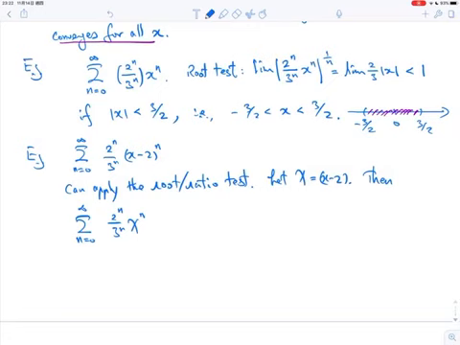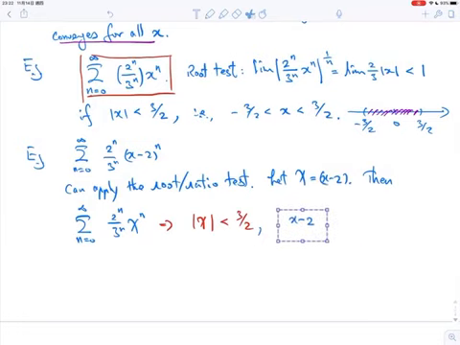So if you compare this with the earlier example that we just considered, this would imply the modulus of capital X is less than 3/2 for this series to converge. So when it translates back to little x, you would have the modulus of x minus 2 is less than 3/2. Or you take away the absolute value sign, then you would get the following.